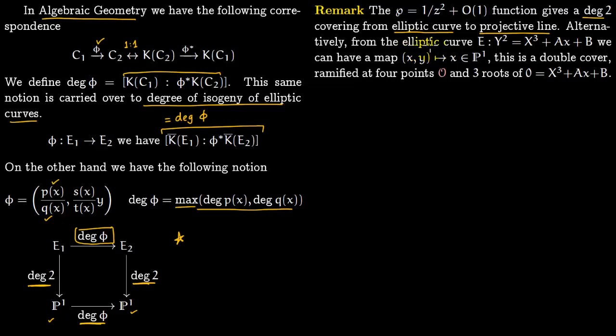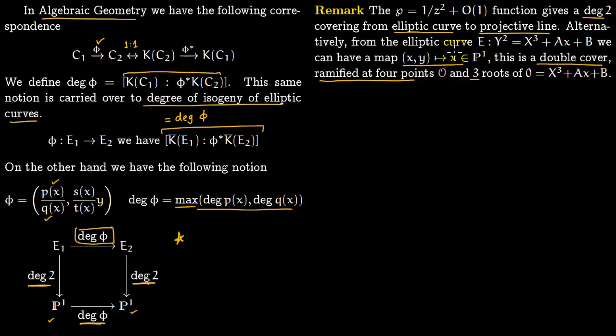From the elliptic curve E, y square equals x cube plus ax plus b, we can have this map (x, y) to x. Now this is a double cover, and it is ramified precisely at 4 points: the point at infinity and the 3 roots of the cubic equation 0 equals x cube plus ax plus b.